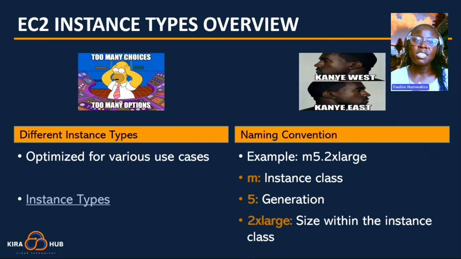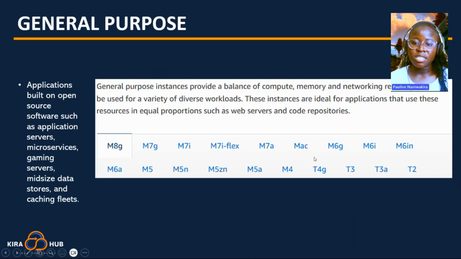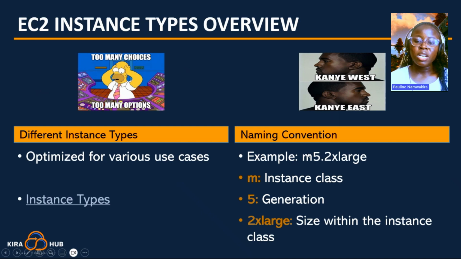So we have different instance classes, a T or an M in this case, this is M5 large. M represents the instance class, indicating its category or family. So we have different families or different instance categories, and the first letter represents that. Then we have a number.